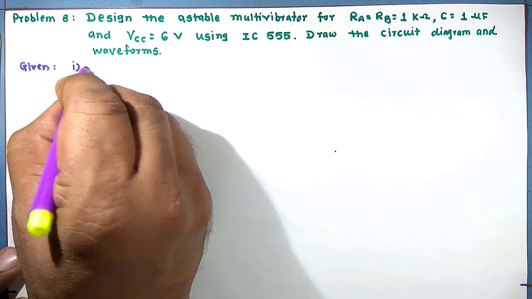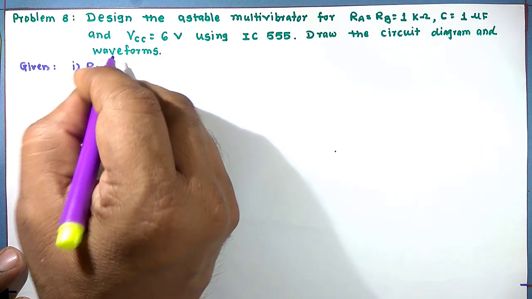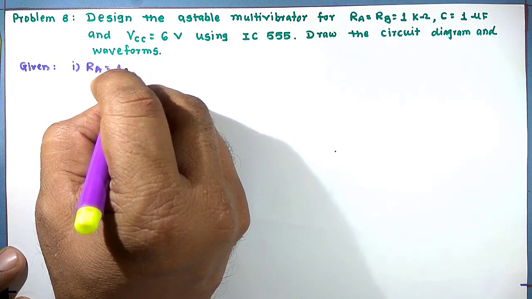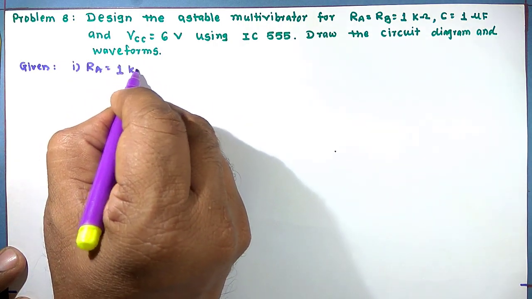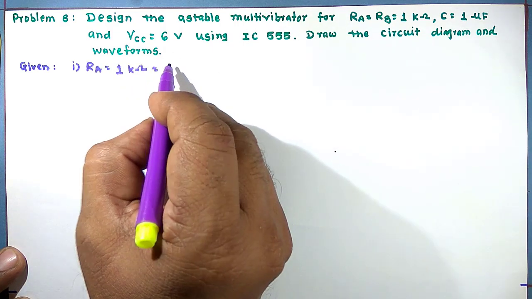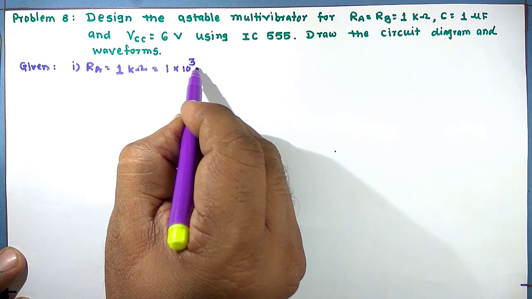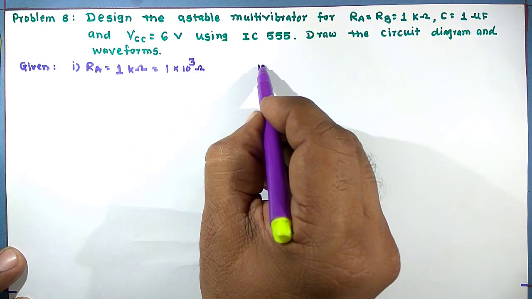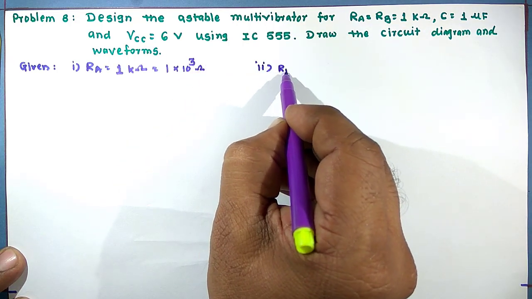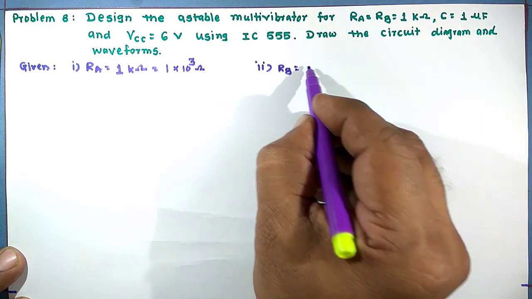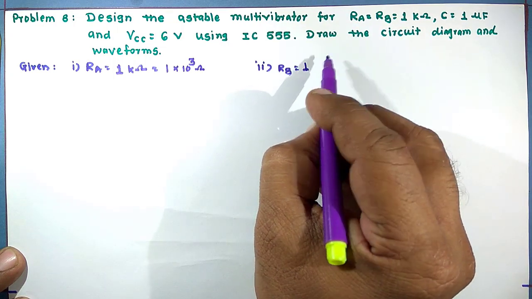Here first RA is given and it is of 1 kilo ohm. So RA is equal to 1 into 10 raised to 3 ohm. Second, RB is given, it is also of 1 kilo ohm.